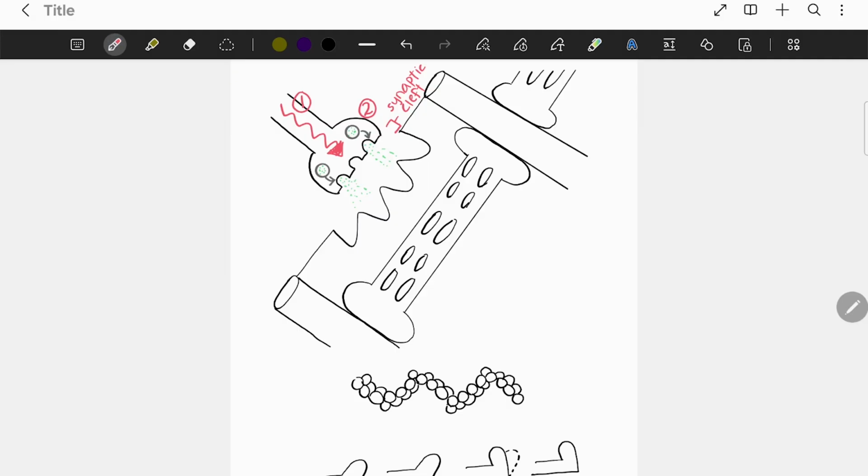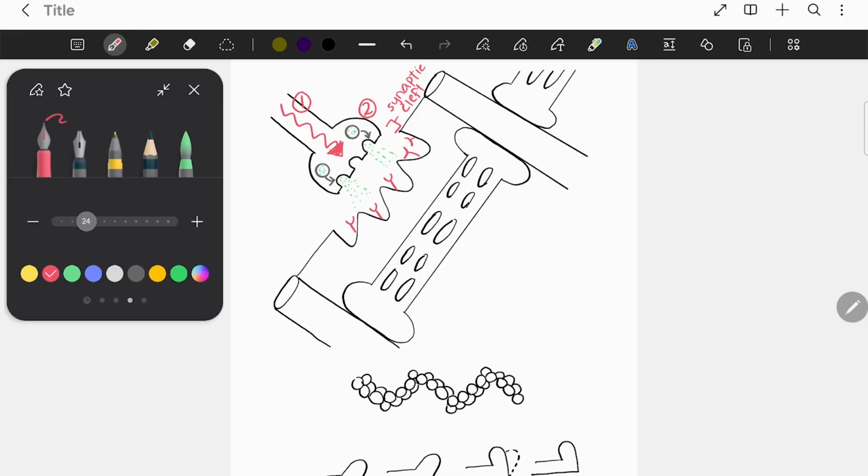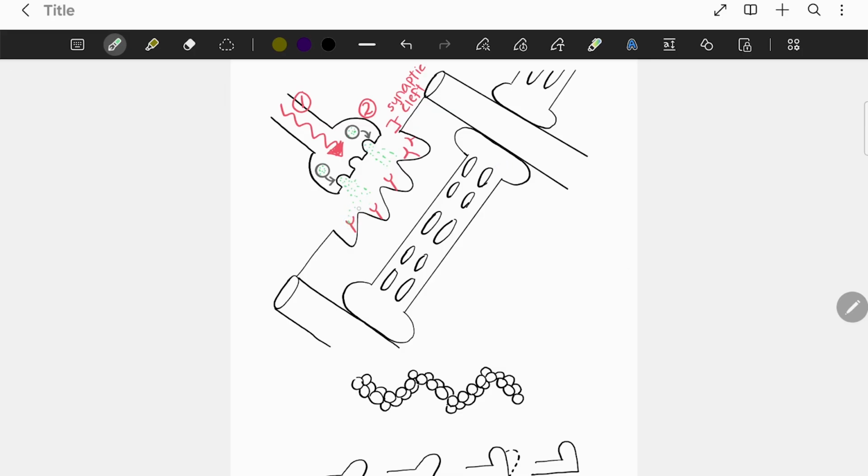So we're going to put in some little receptors here. Okay, so these are little receptors on the motor end plate of the skeletal muscle fiber. And so the acetylcholine is going to go and it's going to bind. So I'm going to draw a bigger one just to emphasize how it's binding to receptors.